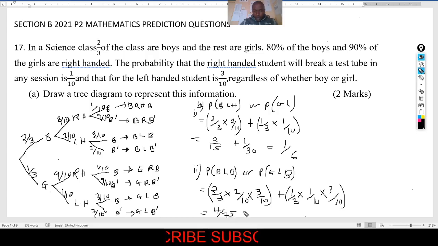Just multiply using your calculator, plus 1 out of 25. It gives you 1 out of 25 plus this other one gives you 1 out of 100. And finally the probability is 1 out of 20.